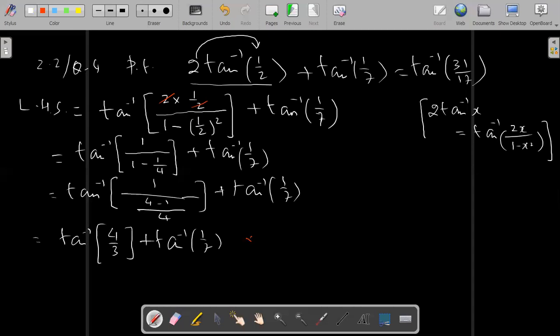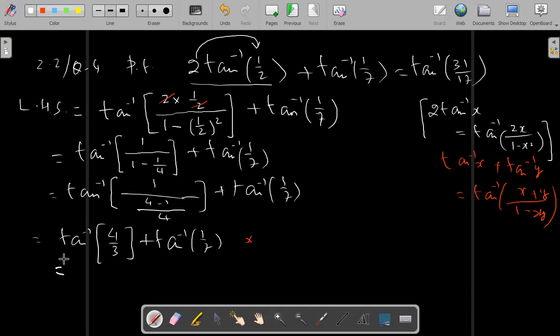Now here we will use the formula tan inverse x plus tan inverse y is equal to tan inverse of x plus y upon 1 minus xy.